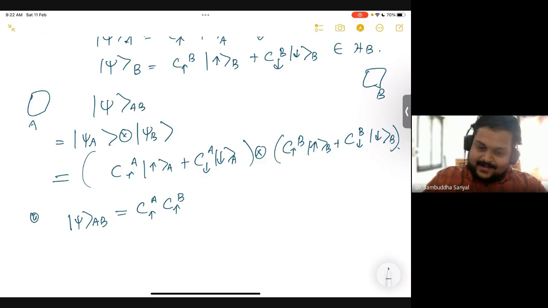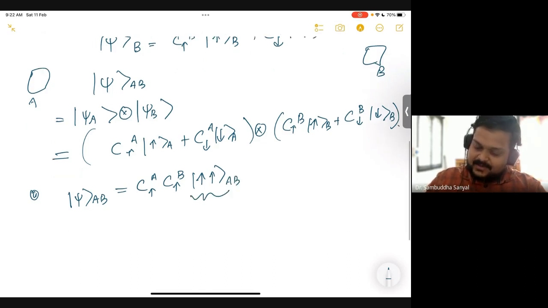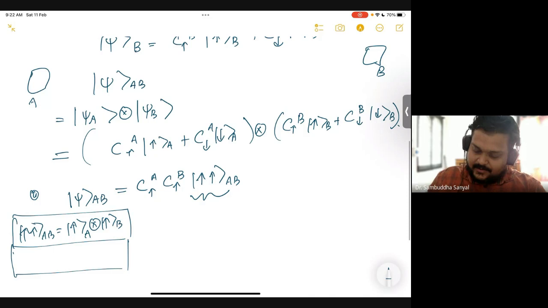So this object is up up AB. This up up AB is shorthand for this, by the way. Up up AB means this, and up down AB means up A down B. This is all shorthand I'm going to use.